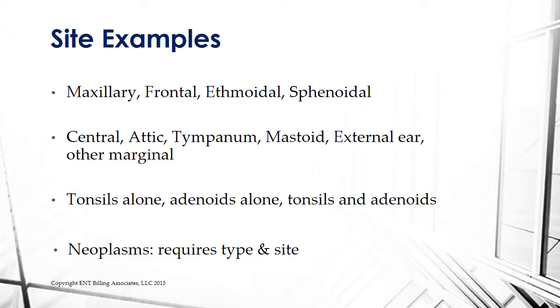Similarly, when examining a neoplasm, you'd want to state the type of lesion. So, for example, a type would be skin, bone, or soft tissue. And you'd also want to note the location. So if it's located on the trunk, the ear, the mandible, etc.